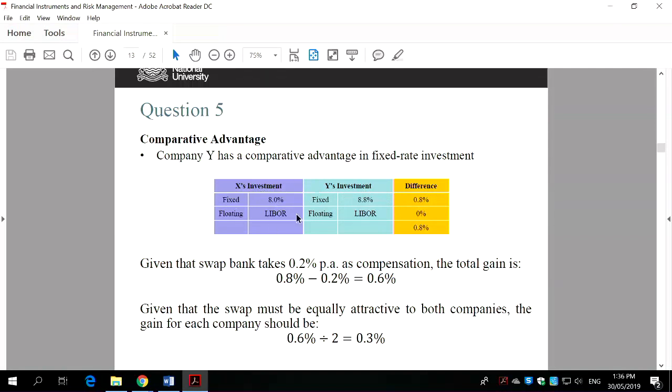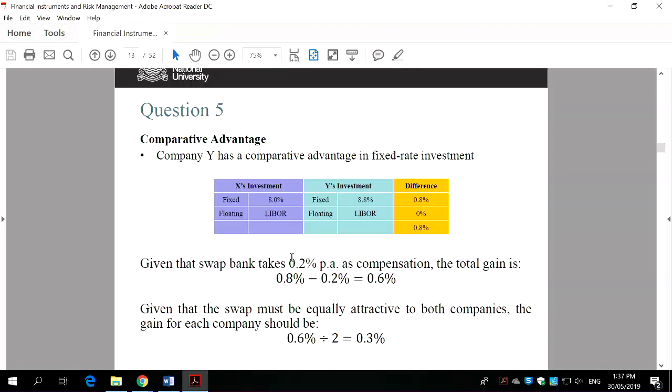And company X and company Y have the same rate of return from the floating investments, so there's no difference there. If you work out the difference in the differences, it turns out to be 80 basis points. Okay, so that's how much we can play around with.